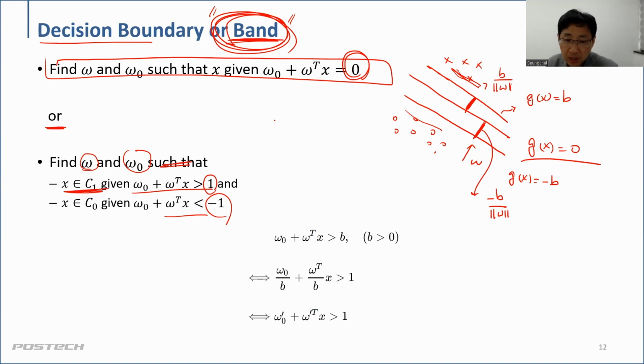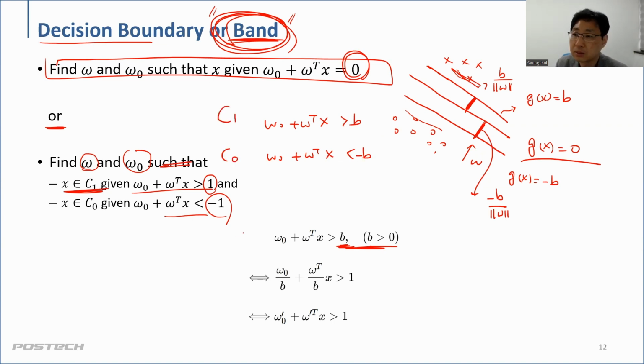So b always exists, positive b, if the data is linearly separable. And we can find -b for C1 and for C naught.